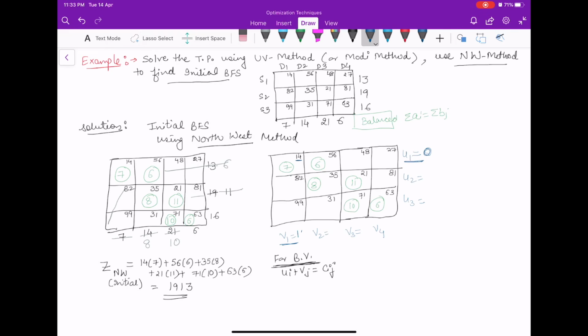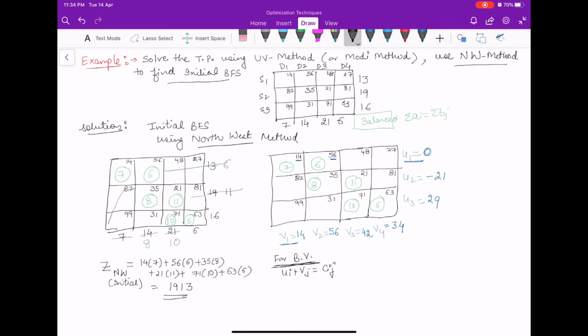So v1 is 14, and then using this 56, I know v2 is 56. Once I know this quantity is 56, I know how to calculate the other quantities. This u2 comes out to be minus 21. If this is minus 21, my v3 comes out to be 42. And if it is 42, u3 comes out to be plus 29. And v4 will come out to be 34.